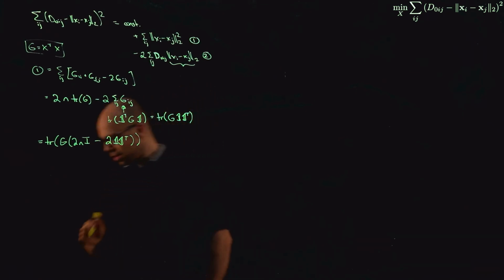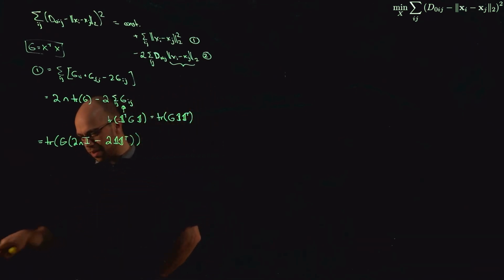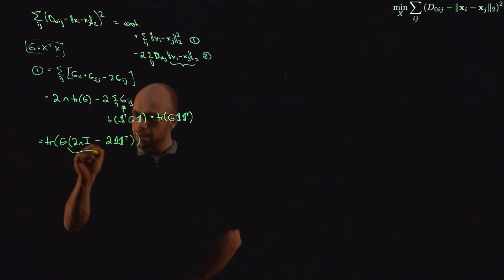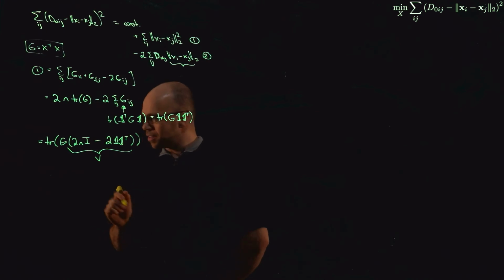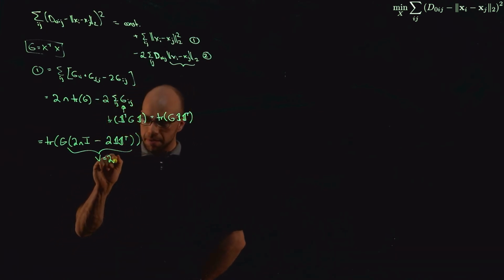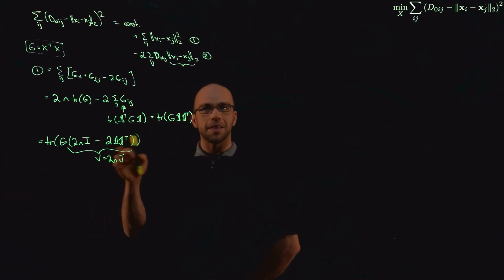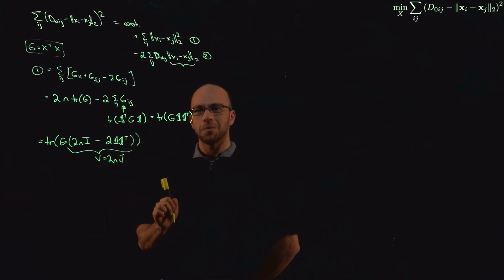Okay, so we're going to give this thing a name. We're going to call this matrix V. And just to connect it to MDS, if we wanted to, V is really equal to 2 times n times J, where J was the thing we used for centering our data before.